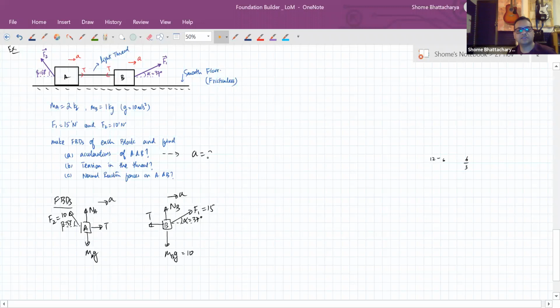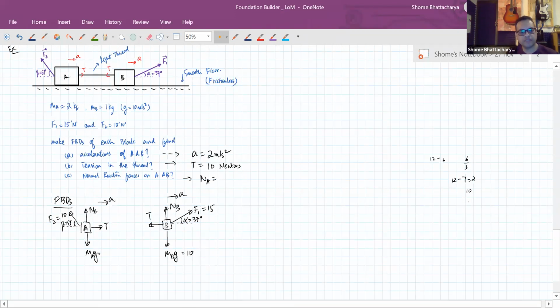So using all this, when you solve, you should be getting the acceleration as 2 meters per second square, and the tension as 10 newtons. And you should be getting the normal reactions on A and B as the following.